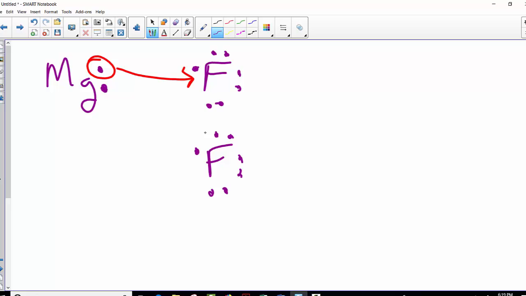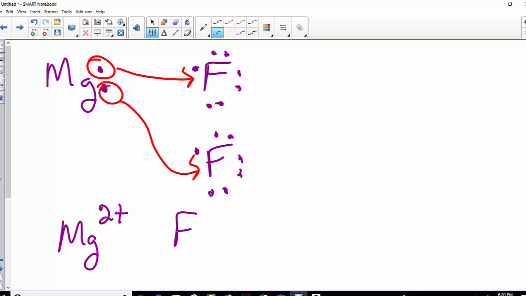So I'm just going to write down as many as I need. So this other F can get this other electron. Now magnesium has a filled shell. It's a 2+ ion. You can write 2+ or +2. I don't make that distinction. And then I have 2 fluorines.